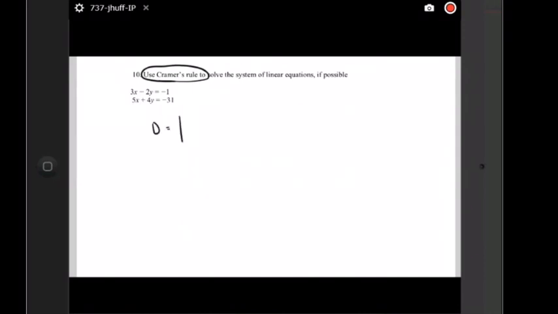So D is going to be the determinant of just the coefficients. D sub x would be a determinant where the x values here have been replaced with these values. So -1, -31. And then D sub y is where these values go into the y column.